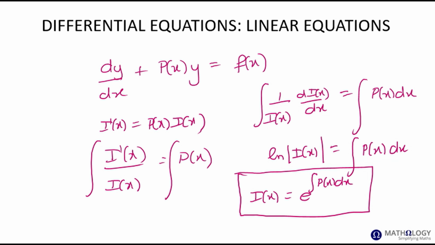This is the formula for the integrating factor. Once we've established what p of x is, we use this formula, e to the integral of p of x dx, to establish the integrating factor. Once we have it, we multiply every single term of the differential equation by that integrating factor and then reduce the left-hand side to a form that can be easily integrated.